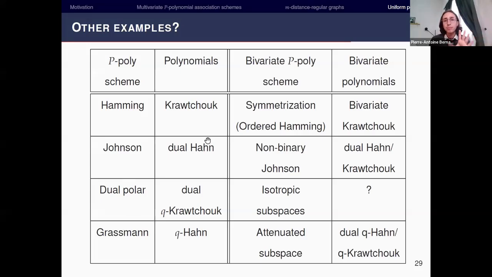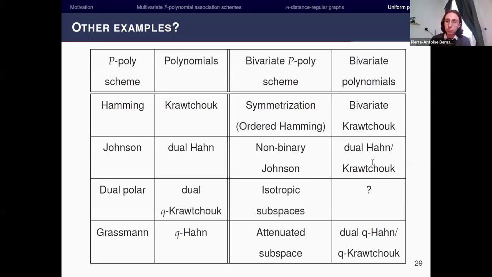And for each of these families, we know about a bivariate p-polynomial extension. As we've seen in the presentation, if you look at the symmetrization of a two-class association scheme, you get a bivariate p-polynomial scheme, and the associated polynomials are the bivariate Krawtchouk. But we also know that the non-binary Johnson scheme is a generalization of the Johnson scheme which is now bivariate p-polynomial.